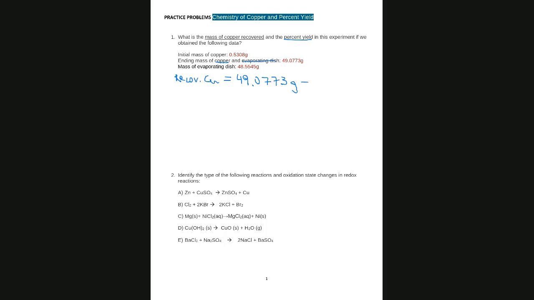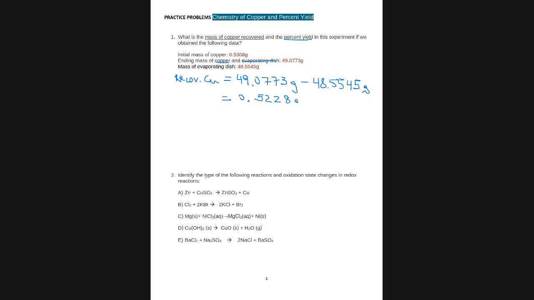So we are going to subtract the mass of the evaporating dish. This is what you will need to do in your report. 5 grams. And I obtained 0.5228 grams.